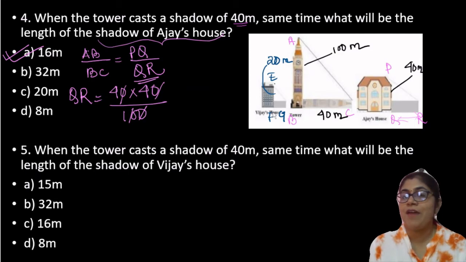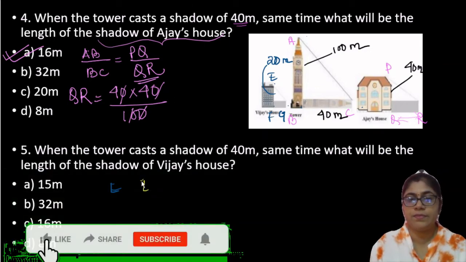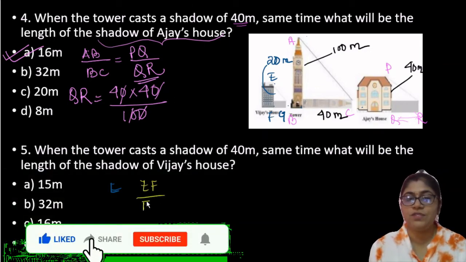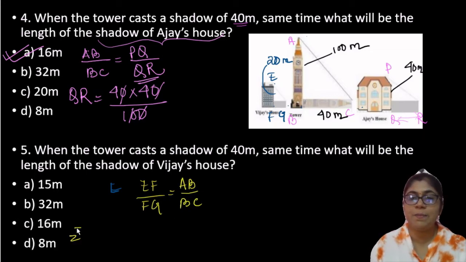So EF by FG equals AB by BC. This implies that we have to find out FG.